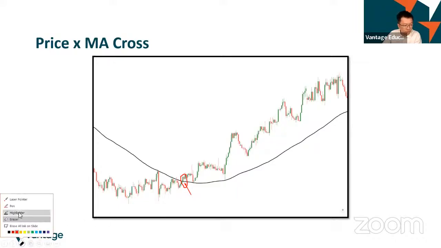What we're looking for is price to close above that moving average, which gives you another hint. It gives you the view that, hey, potential reversal, price has broken up from a resistance, a moving average as a resistance level, pushing towards the upside. At that point, you could be looking at a possible buying opportunity.